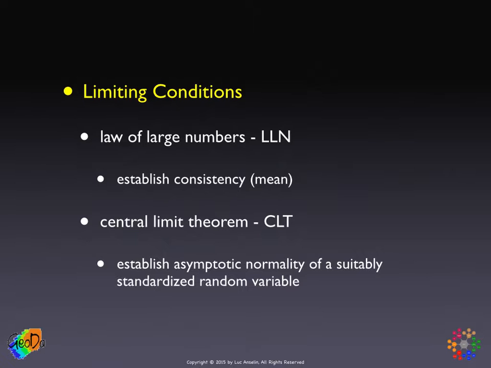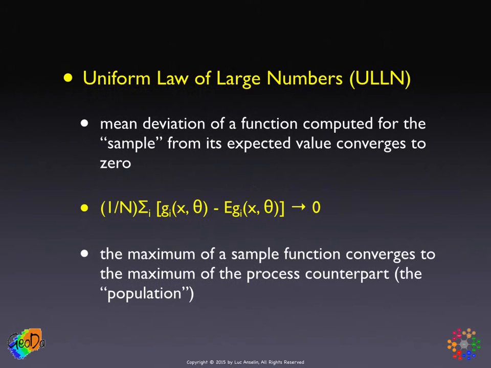And now we'll look a little closer at what each of these means in our spatial context. So first of all, in full generality, what we need is something that is called a uniform law of large numbers. And it's all about consistency, but it's not consistency necessarily of an estimator, but it's very general. It's consistency of any function computed from the data, which of course includes the parameter value.